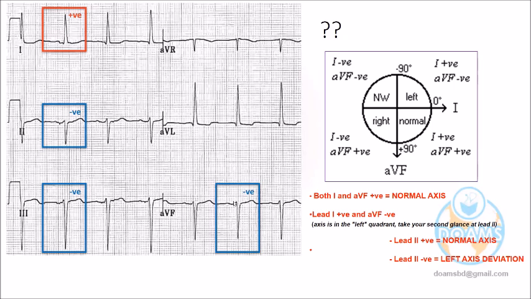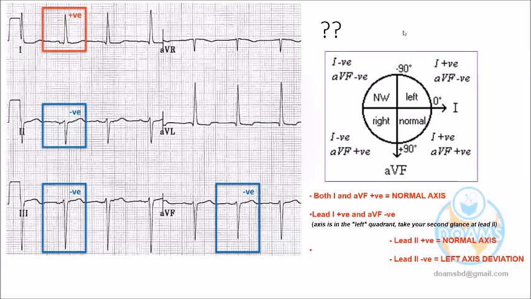Usually in aVF, R is high up, naturally, if you can remember the 12 leads. But here S is down. Simply by looking at lead I and aVF, we can say this is left axis deviation. These are corresponding, associated findings. I will not highlight more. Make a snapshot, doctor. It is enough for you to understand.